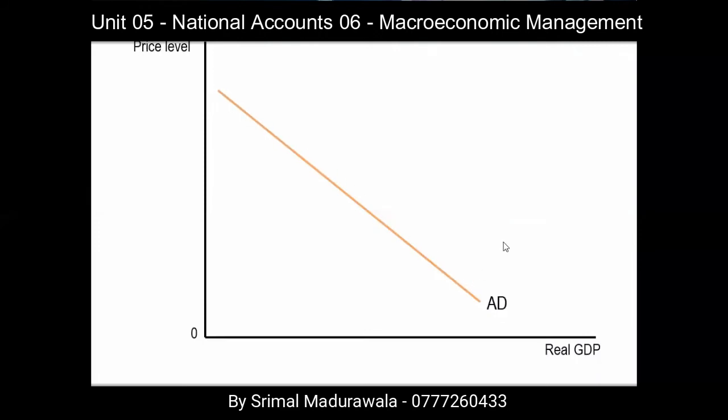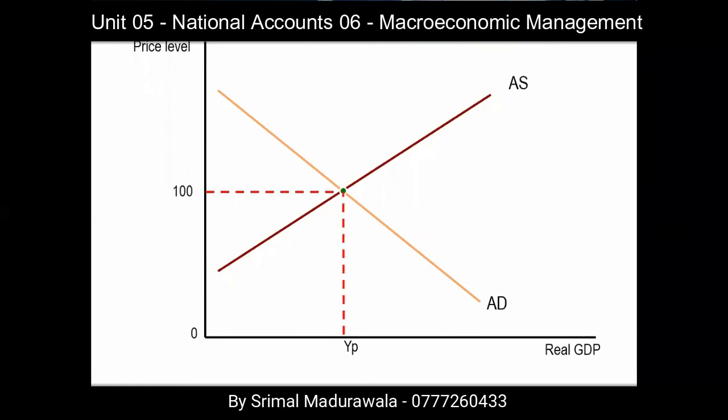But contrary to that, you find the aggregate supply is upward sloping. At low price levels, there is low supply. That's the total supply coming into the country, the output. At high price levels, you find the supply is high, right? So they have a positive relationship. Accordingly, the price level and the output of the country will be determined.